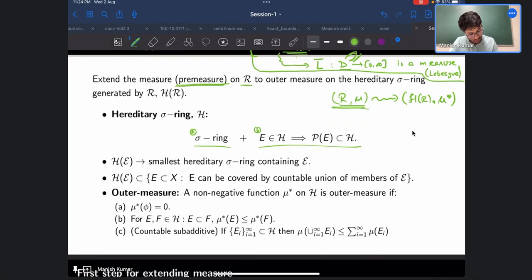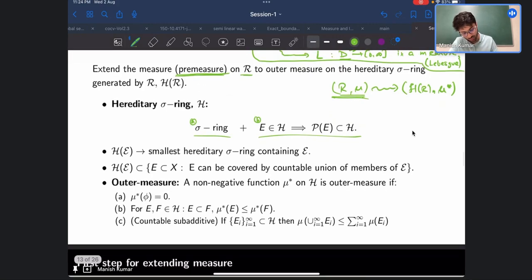Why are we introducing this? Because from here we will construct some mu bar, and you will see that this mu bar will be complete. There is nothing special about this. The only benefit is that the measure we will get will be complete because of the sigma ring. That you will see later on.